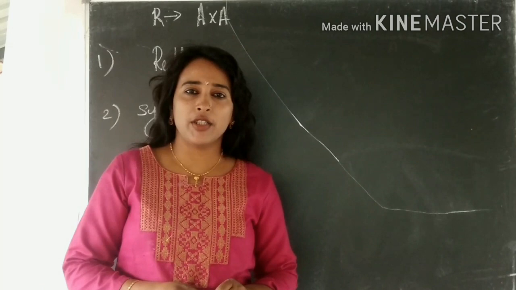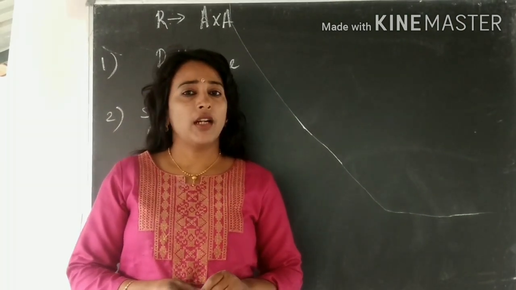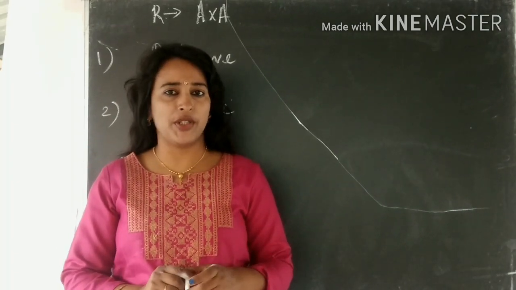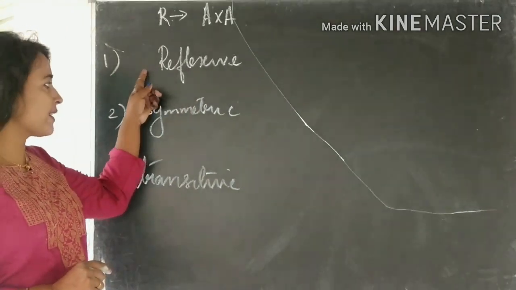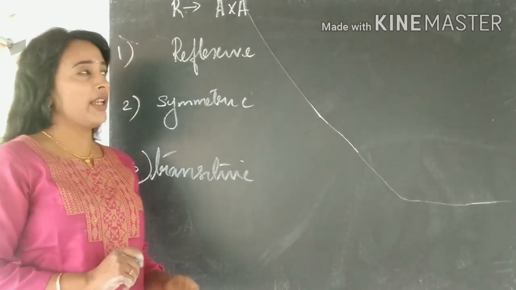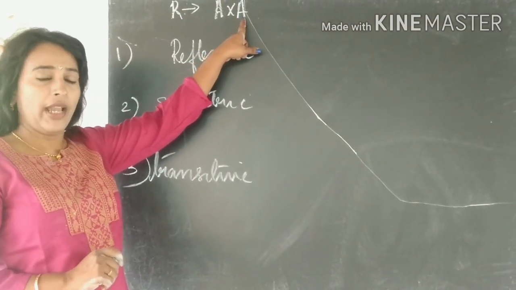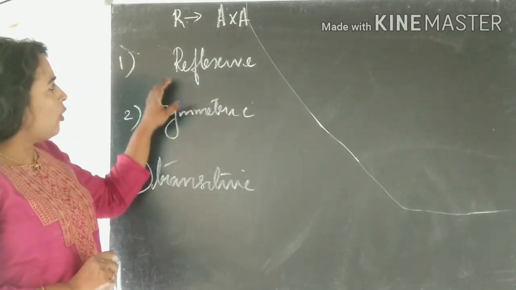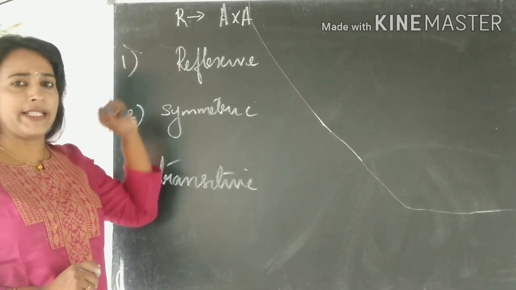Let us start our topic. Now, types of relations. There are 3 types of relations. You know, reflexive, symmetric and transitive. And here we are considering A cross A, and the relation is defined on this A cross A. Now move to the first one, reflexive.